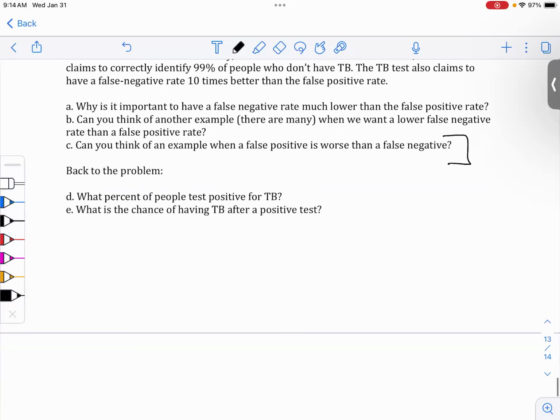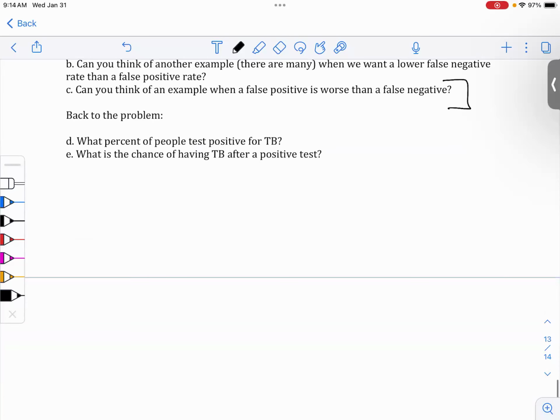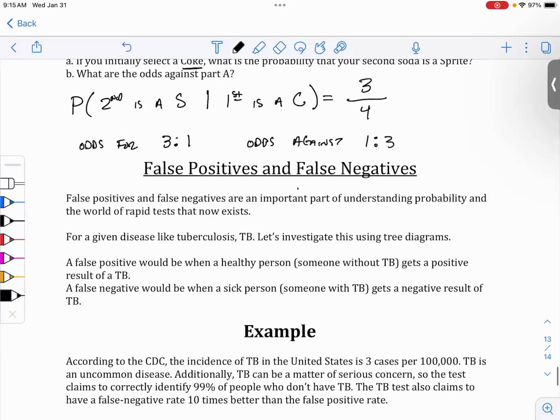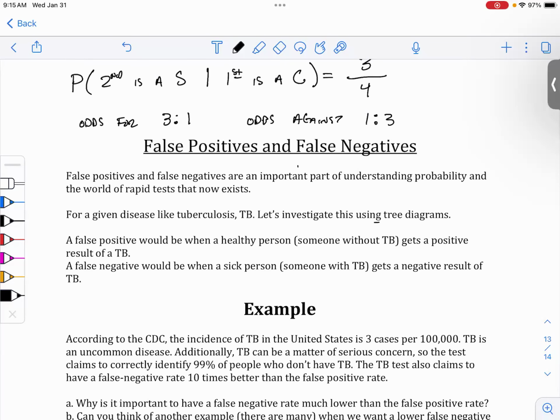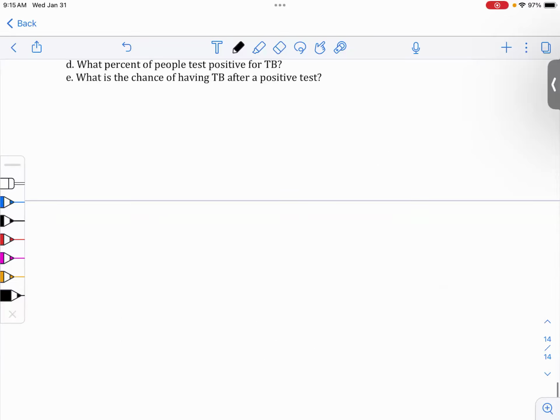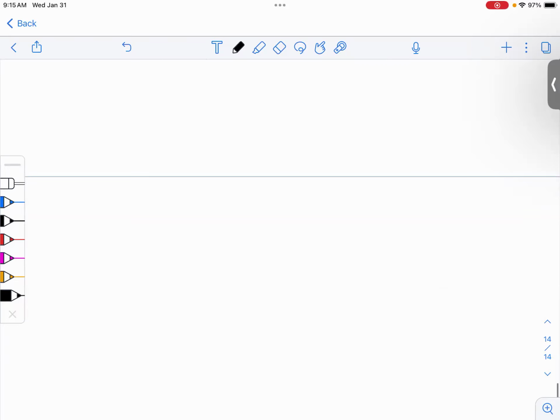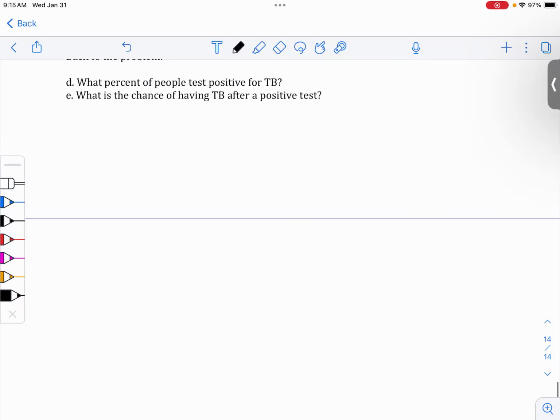All right, back to the problem. So what percent of people test positive for TB? What is the chance of having TB after a positive test? So this one said above here that we wanted to investigate this with a tree diagram. In order to do that, though, we first need to pull out our information.